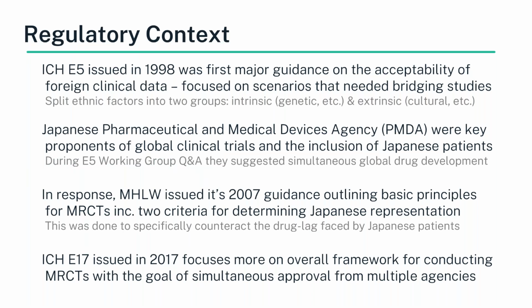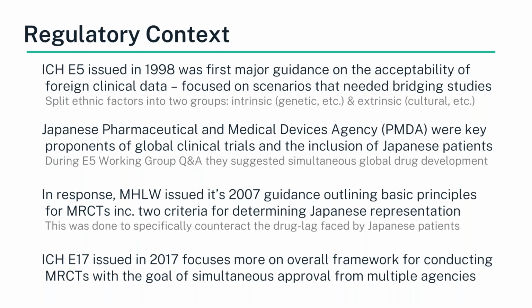And so ICH E5 outlined that there's kind of two groups for ethnic factors. So there's intrinsic factors, which are related to genetic and physiological differences. And then there's extrinsic factors. So those are related to cultural differences, environmental differences, differences in medical practices in the different regions.